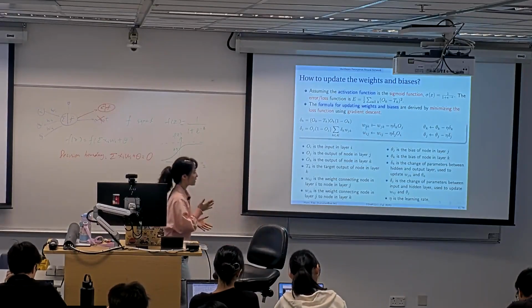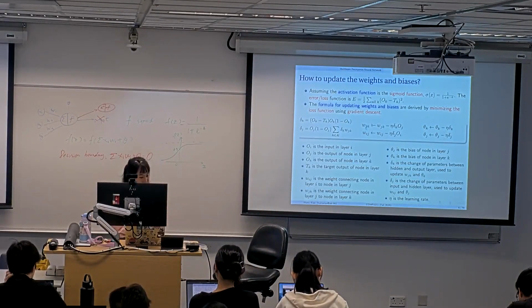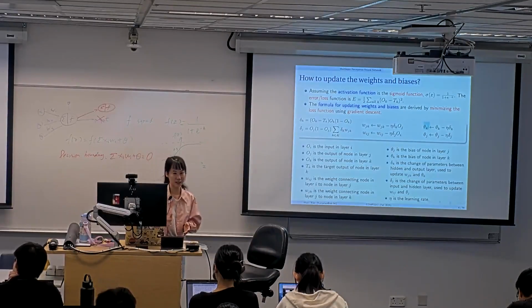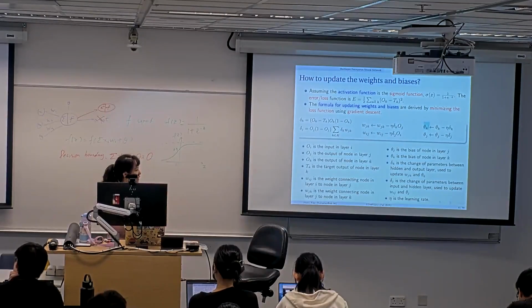So the nodes in layer J to a node in layer K. And we also have the bias parameters. Theta J here is the bias of a node in layer J, the hidden layer's bias terms, and then theta K is the output layer's bias terms, the bias of a node in layer K.